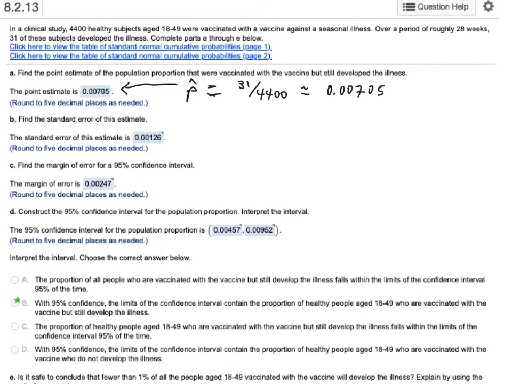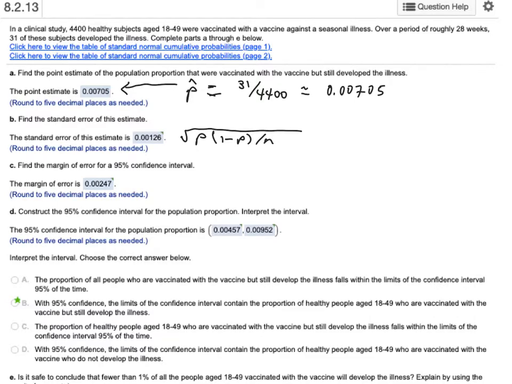And what I'm going to do here is just round these numbers off. I'm going to keep as many decimal places as I can because I'm really not sure about how big and small these numbers get. So I'm going to err on the side of being too precise. We know our standard error formula is this thing, so p times 1 minus p over n, all under the square root sign.